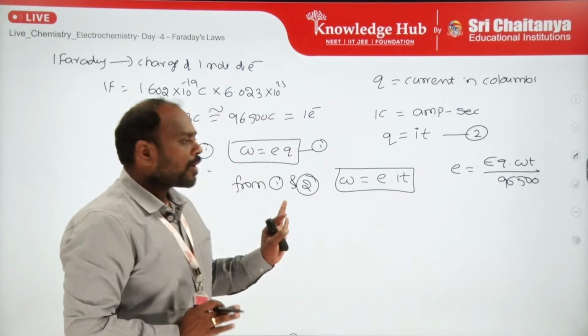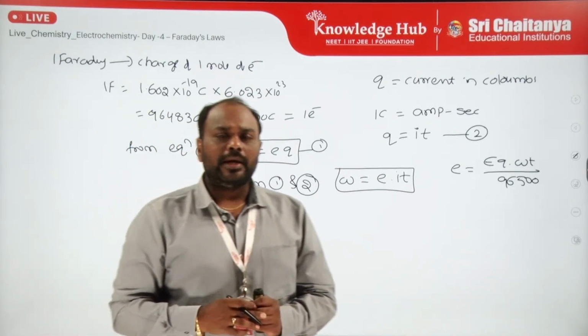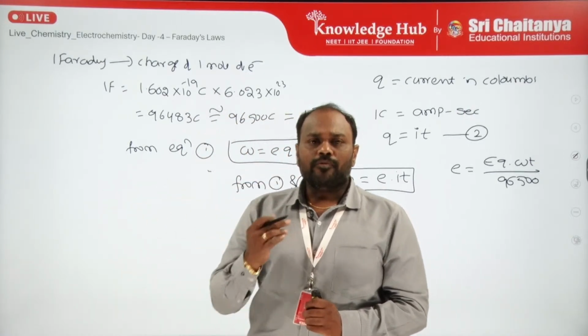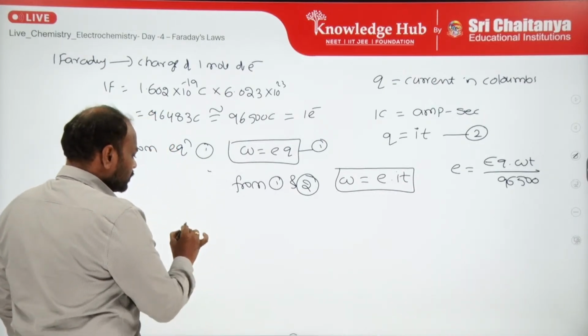So this is the Faraday first law. When it is applied, if only a single electrolytic cell is given, then we are applying the Faraday first law. So Faraday first law is applicable for only a single electrolytic cell.